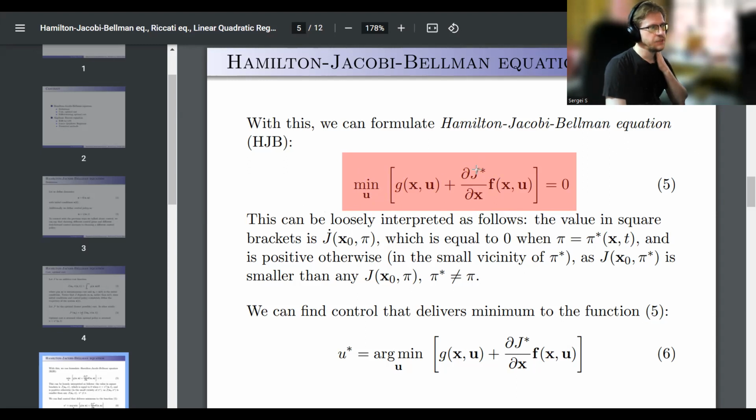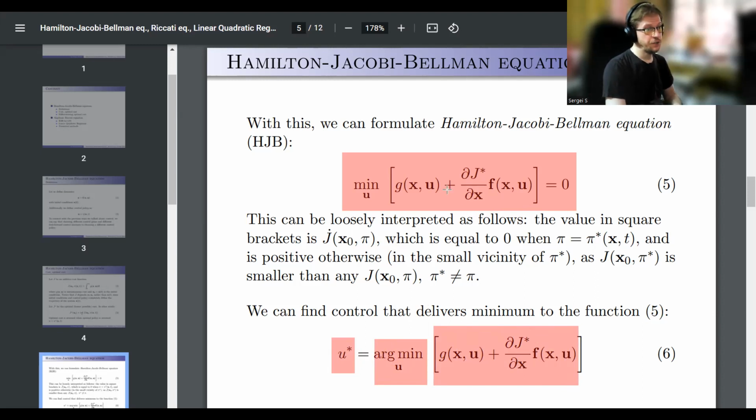So this is an equation, and this is the condition of optimality. Now, we can use it to find the control law. You can say the optimal control law is equal to the arg min over u of this expression. And remember, this should be equal to 0 at the arg min.